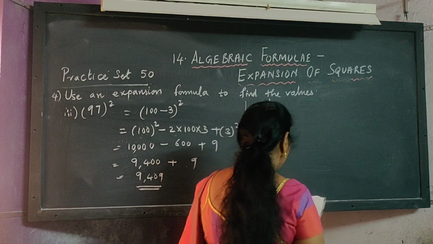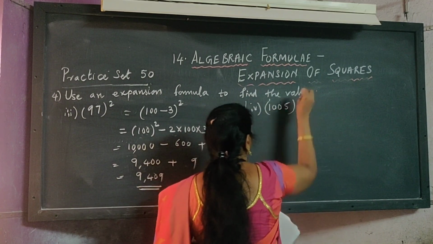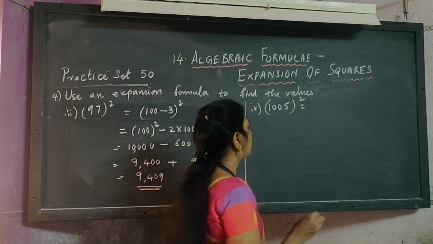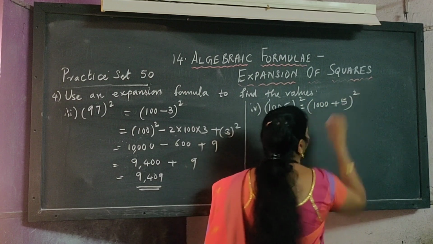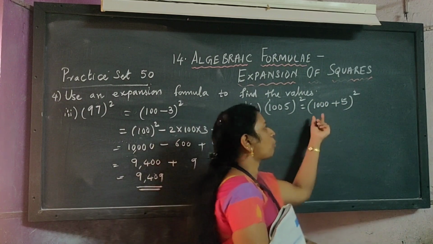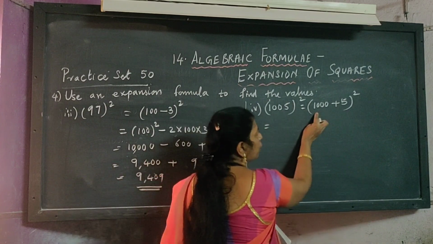Now fourth sum, 1,005 the whole square. How will you write 1,005 the whole square? 1,000 plus 5 the whole square. Now here it is in the form of a plus b the whole square. So we will write a square plus 2ab plus b square.